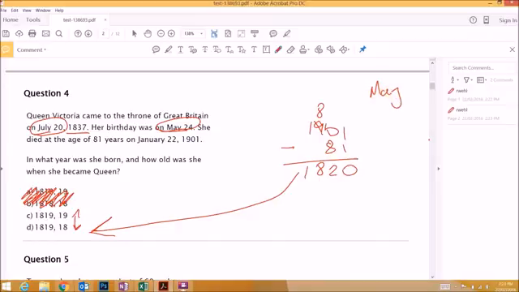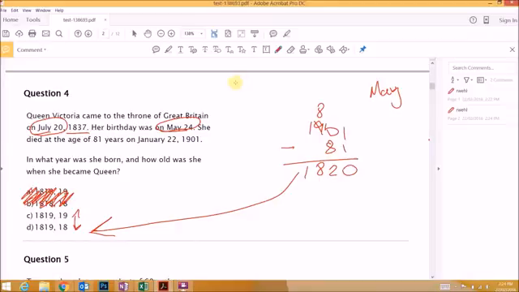Okay, and she didn't become Queen until July. So let's start in 1819, okay, and work our way through to 1837.